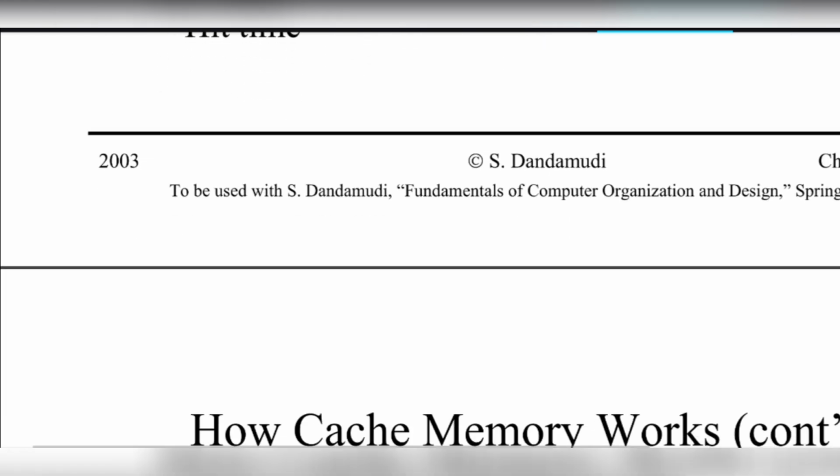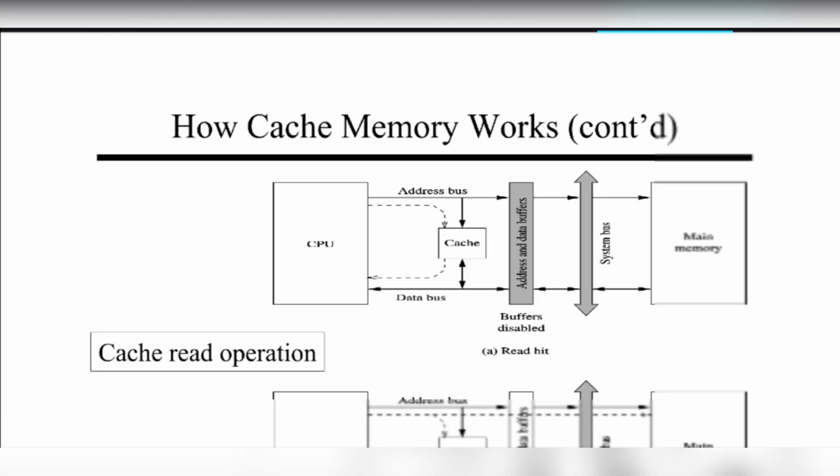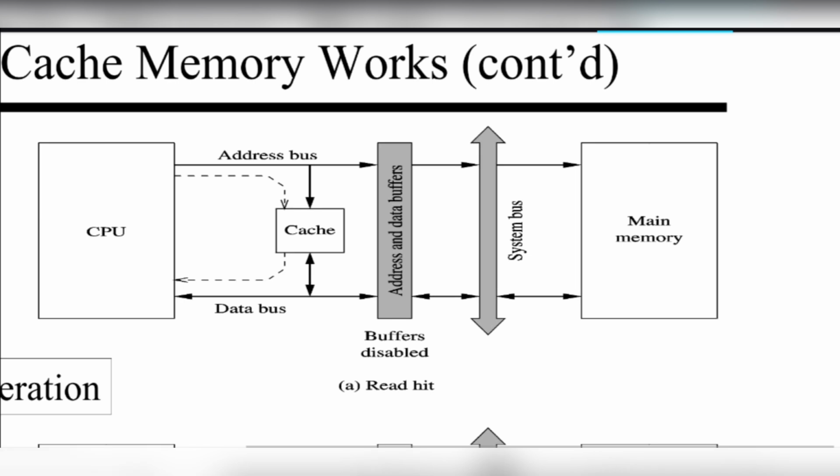Okay. Now let's move to our diagram, how the CPU works. First of all, this is the diagram of how the CPU actually works with the cache memory. Actually, here is also a device called the MMU, Memory Management Unit, connected to the CPU and cache memory.